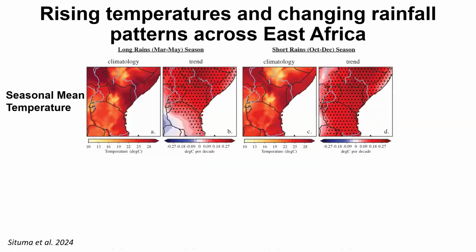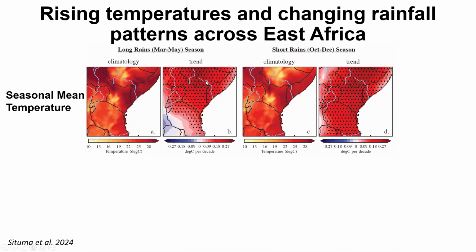So we looked broadly at how climate conditions are changing, and we looked at those two seasons I mentioned, the long rain season and the short rain season. During both these seasons, there has been warming. This is basically seasonal average temperature, and these two graphs show the average temperatures, and these other two plots show trends in temperature.